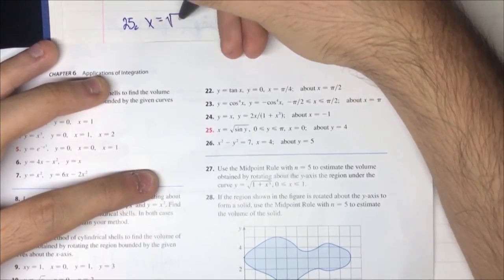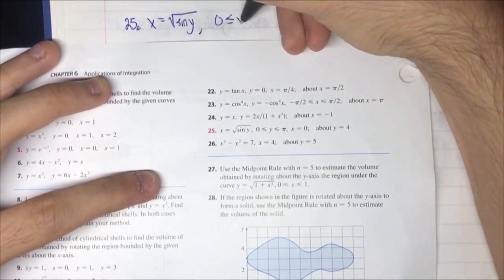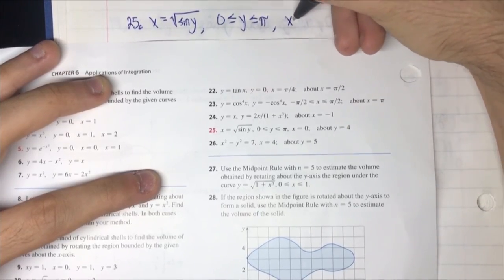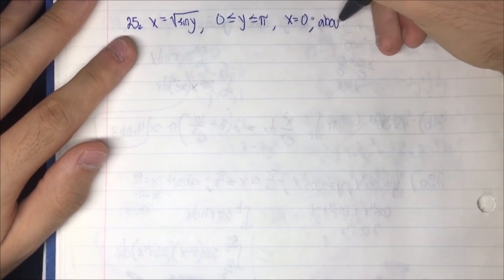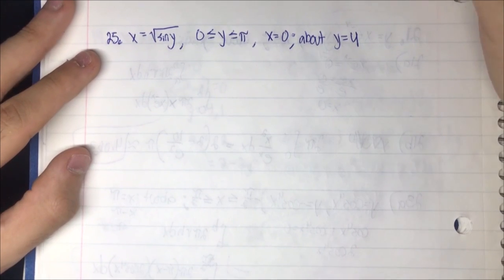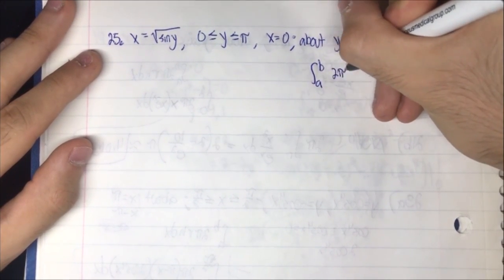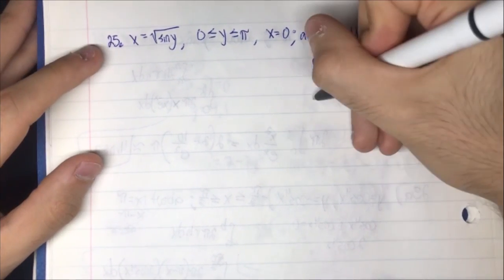X is equal to radical sine y, comma, 0 to pi, comma, x is equal to 0, and about y is equal to 4. And let's not forget this formula: the integral from a to b of 2 pi r h dx.